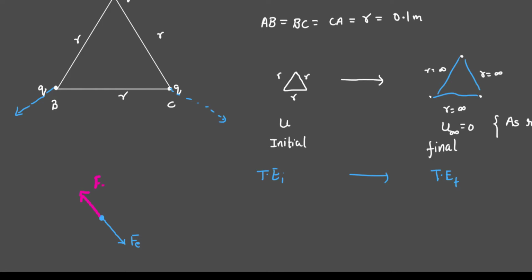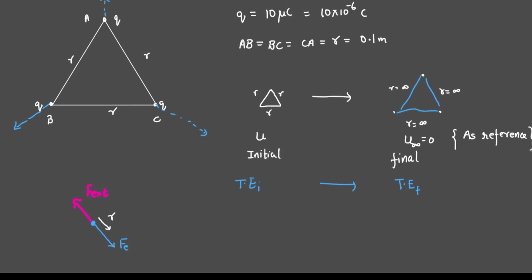So this is F external. External agent will be applying force this way. And what is the displacement? The displacement of the particle will be along this direction, towards infinity. So this will be R. Can you see the angle between F external and R is 180 degrees. So work done by external agent will be negative to take the charge from the given configuration to the infinite distance configuration.